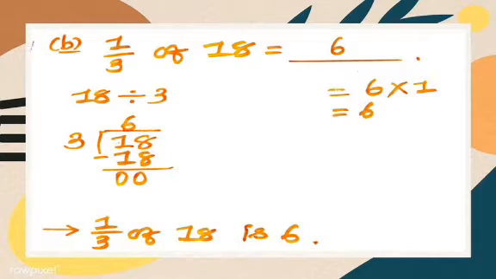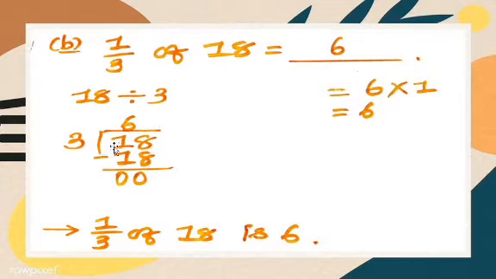1 upon 3 of 18. See this, 1 upon 3 of 18 is equal to 6. So 18 divided by the denominator 3.